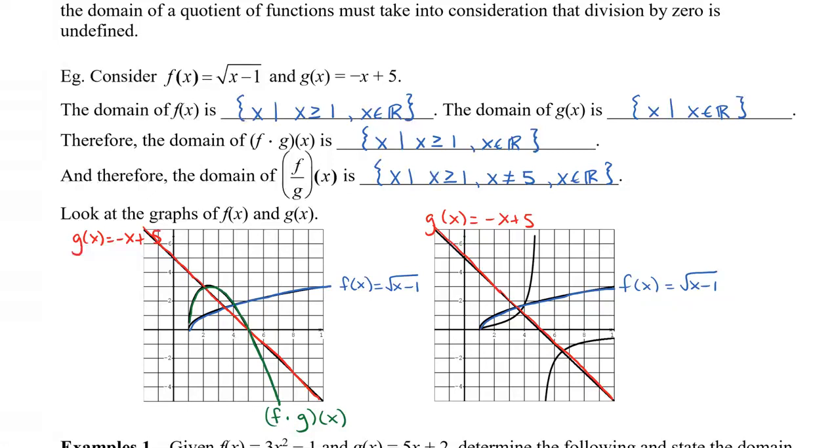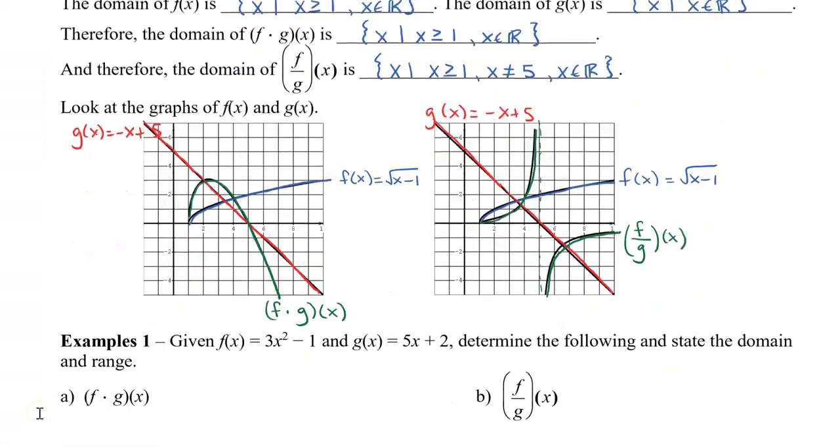We have the quotient, and when we divide, it does show that the graph is defined for x greater than or equal to 1 as this graph goes up, and then there is an asymptote at 5, which we can see right here, which I'll draw in. But then the graph continues on like this. So this is not f times g, this is (f divided by g)(x).